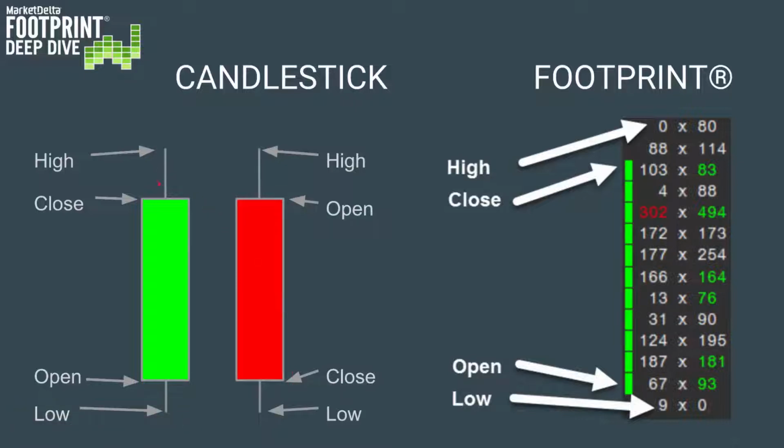And then the wick doesn't have to be there, but it represents the highest price, this would be the high price, and this would be the low price. The wick just shows that it did travel through these prices and established a low, and same with the high.